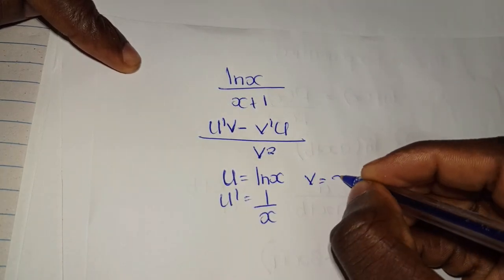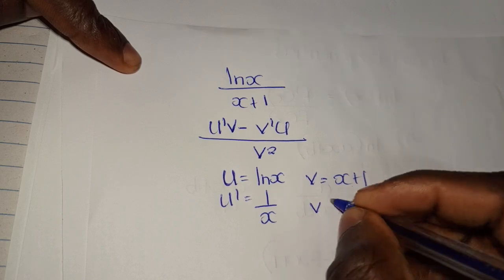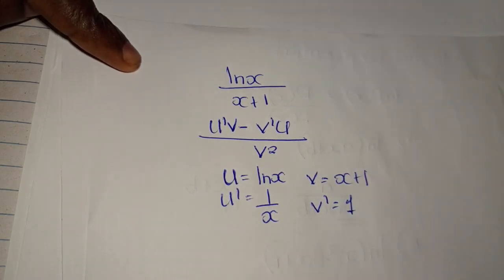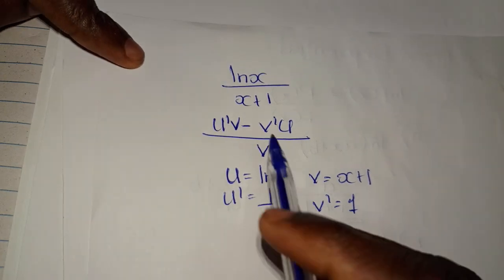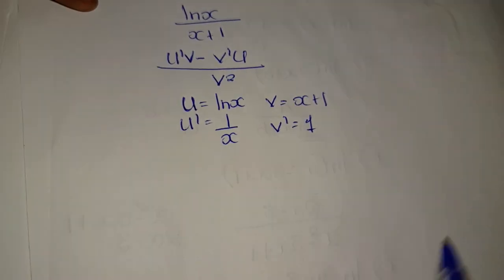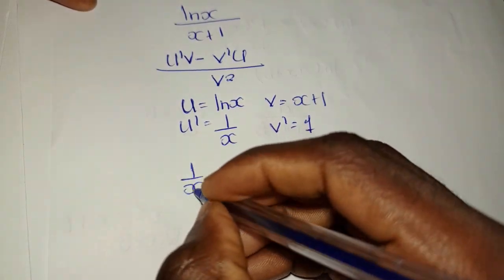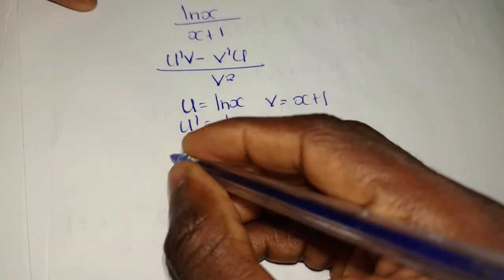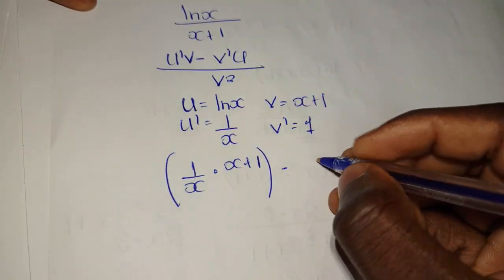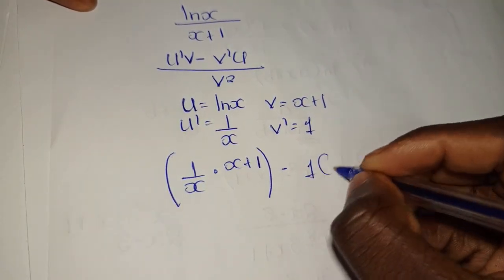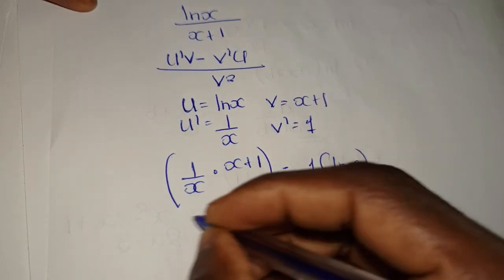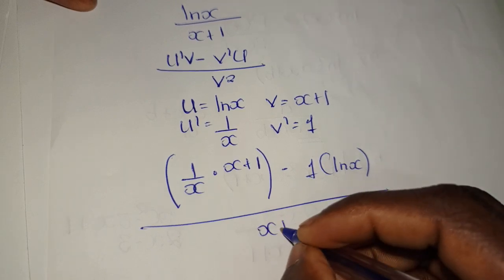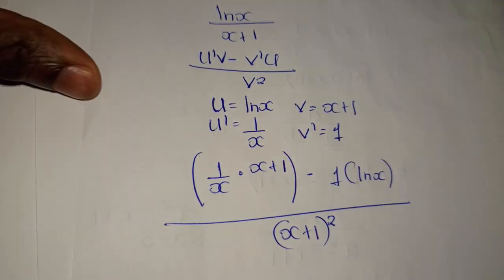Your v will be x plus 1 and your v prime, you note the derivative of x is 1 and the derivative of 1 is 0. So from here we just start replacing. u prime in this case is 1 over x and your v is x plus 1, minus v prime is 1 while your u is ln x, over the v squared. In this case it is x plus 1 squared, like this.